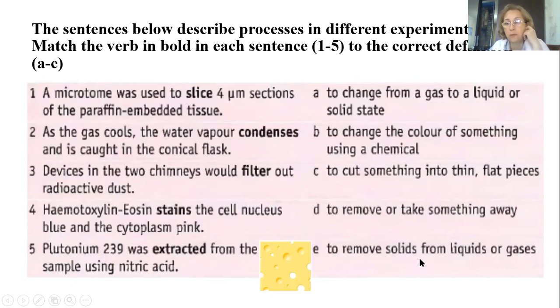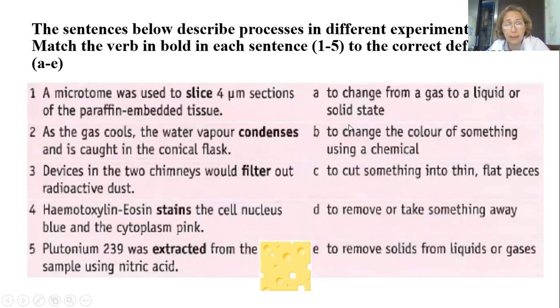Filter is to remove solids from liquids or gases, and here it is to remove or take something away. Here, this is like the meaning of extract. То есть выделять что-то из другого вещества или какого-то состояния. Yes, so this is D.